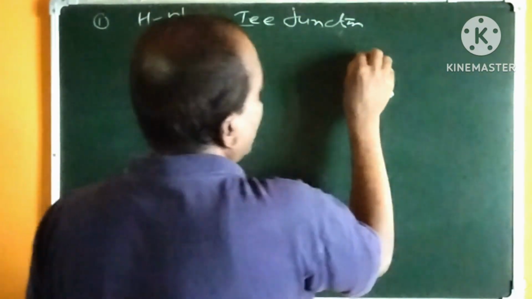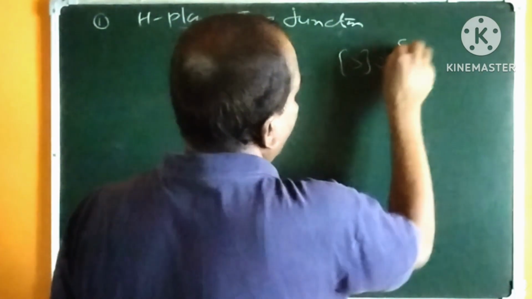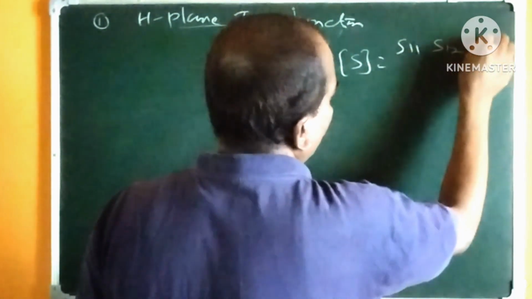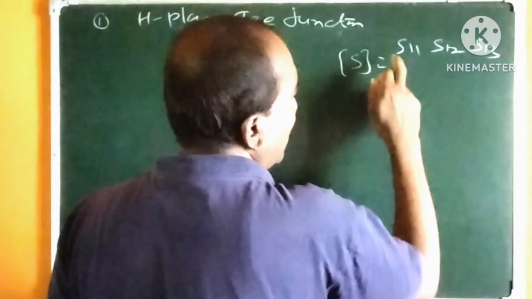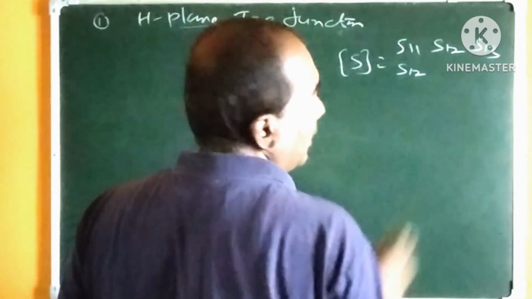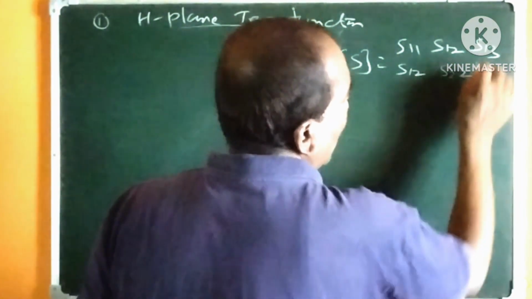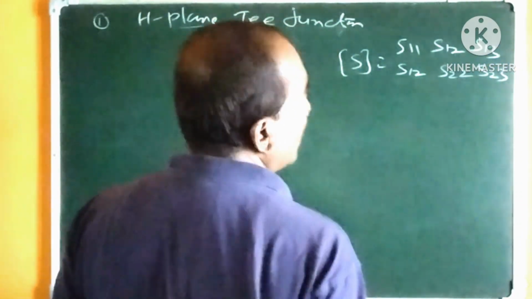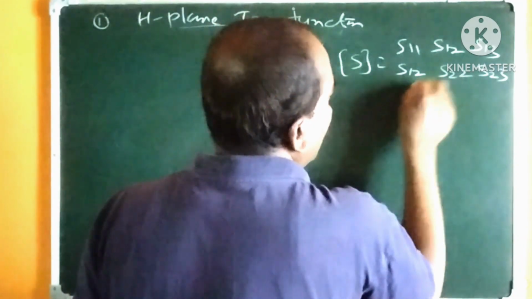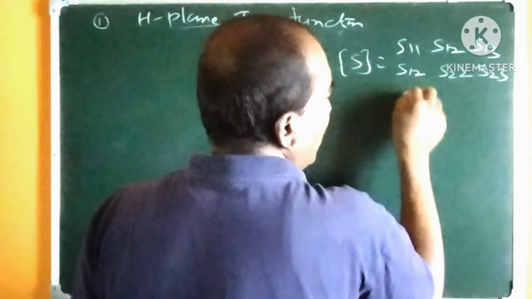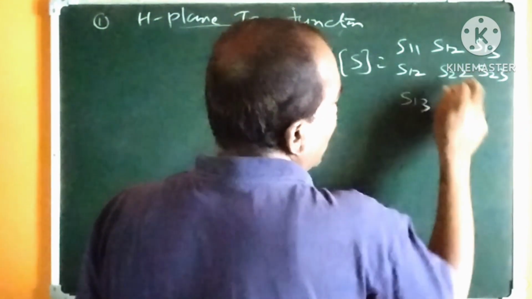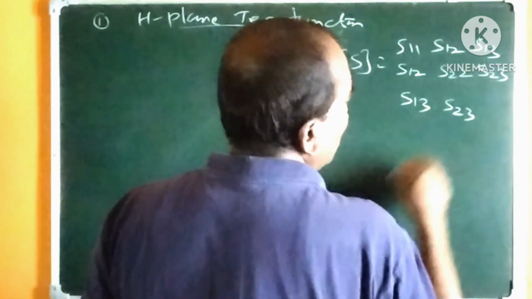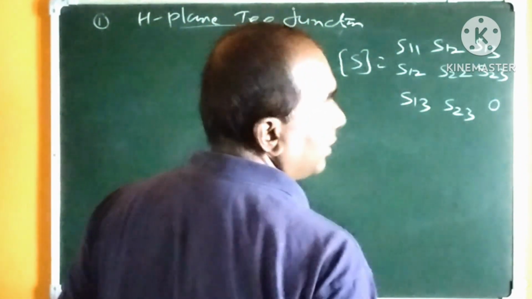S equal to S11, S12, S13; S21 becomes S12, it is S22, and S23; S31 becomes S13, S32 becomes S23, and S33 is 0.